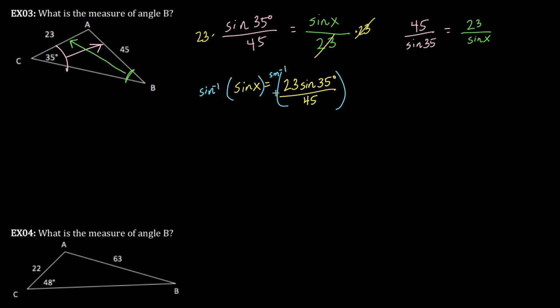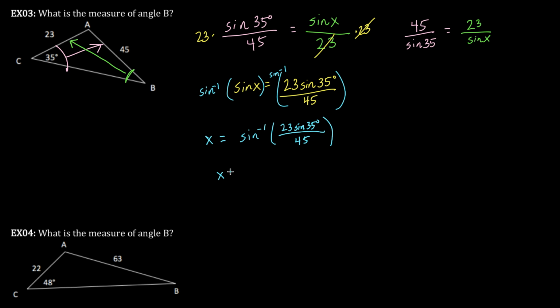Okay, so we get inverse sine of 23 sine 35 degrees over 45. So we'll put x equals.